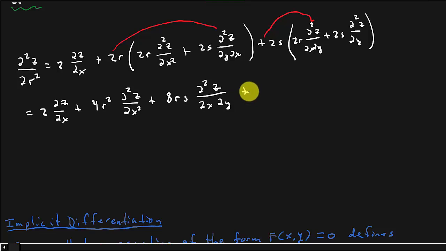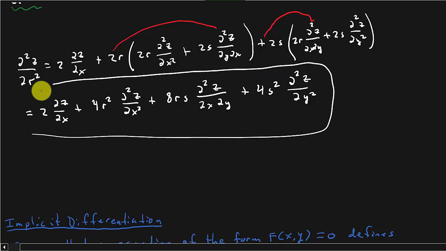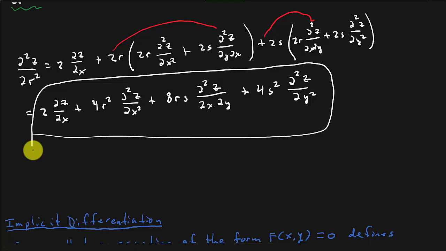And then that's going to be plus 4s squared second partial z with respect to y. Oh, I should have a 2 right there. And so this is what they were wanting. So we've got the second partial of z with respect to r.